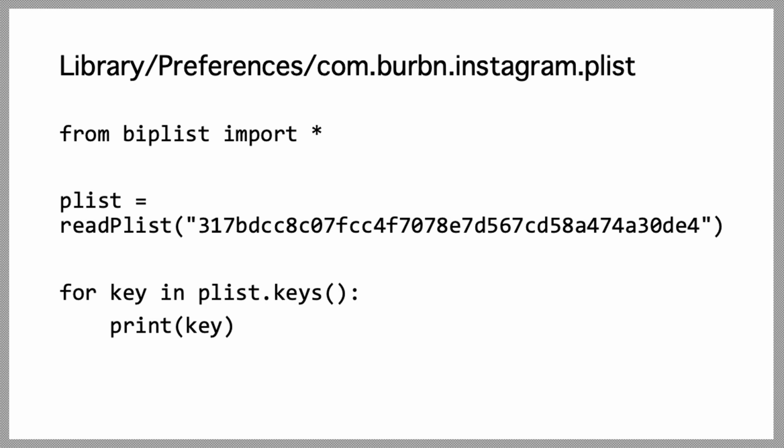I'm changing the name of it because otherwise, if you just use the file ID that's given by the backup, you're just going to get lost really, really fast. So I would suggest to rename it, but this is the name that it has in the backup, so I just left it for this example. So here I'm going to iterate over all the keys and print all the keys that are present in this property list.